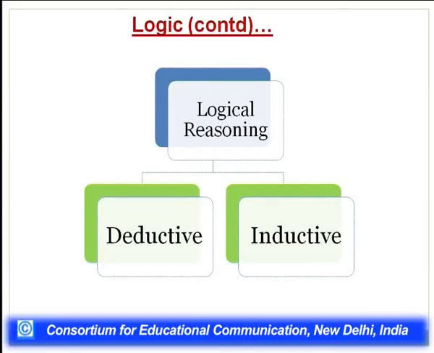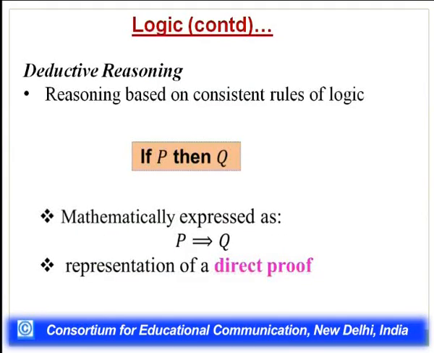Now, as far as logical reasoning is concerned, logical reasoning can be classified as either deductive reasoning or inductive reasoning. Deductive reasoning is reasoning based on consistent rules of logic.